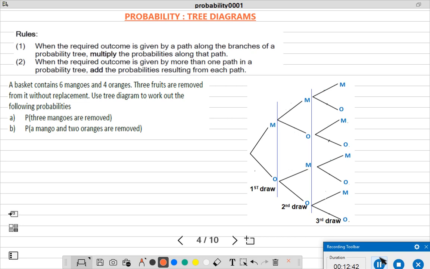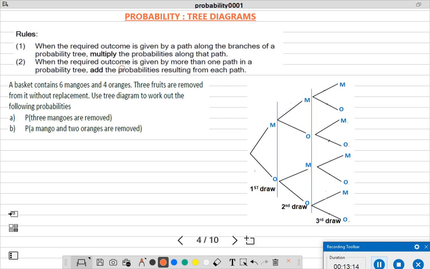But the rule you have to follow is that when the required outcome is given by a path along the branches of the probability tree, we multiply the probabilities along that path. For example, we have this diagram here. We have this path, mango, mango and mango. That is one path. So we get the probability here times the probability here times the probability here. So the answer we get will be the probability for this path.